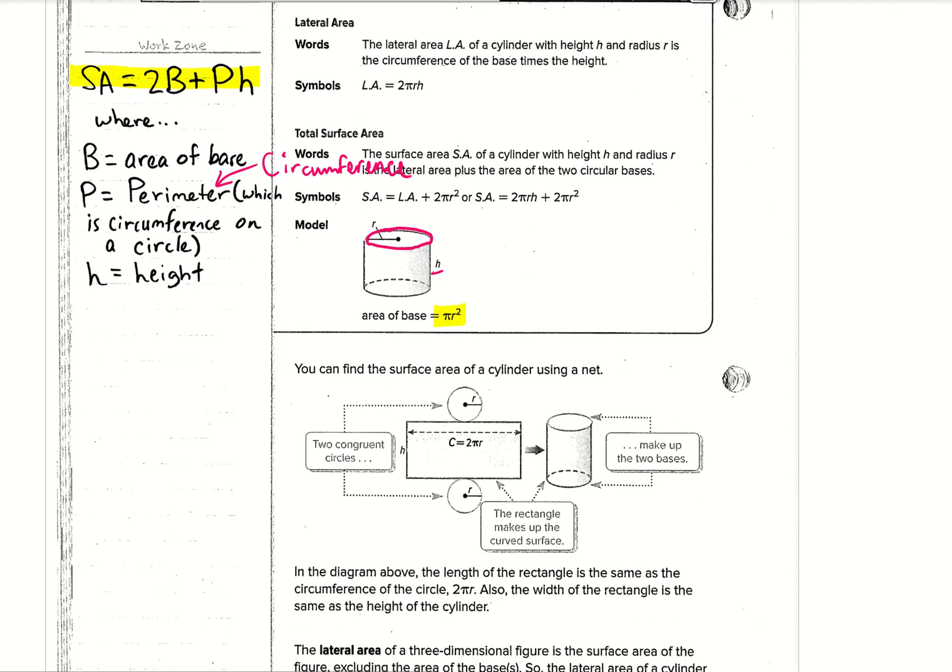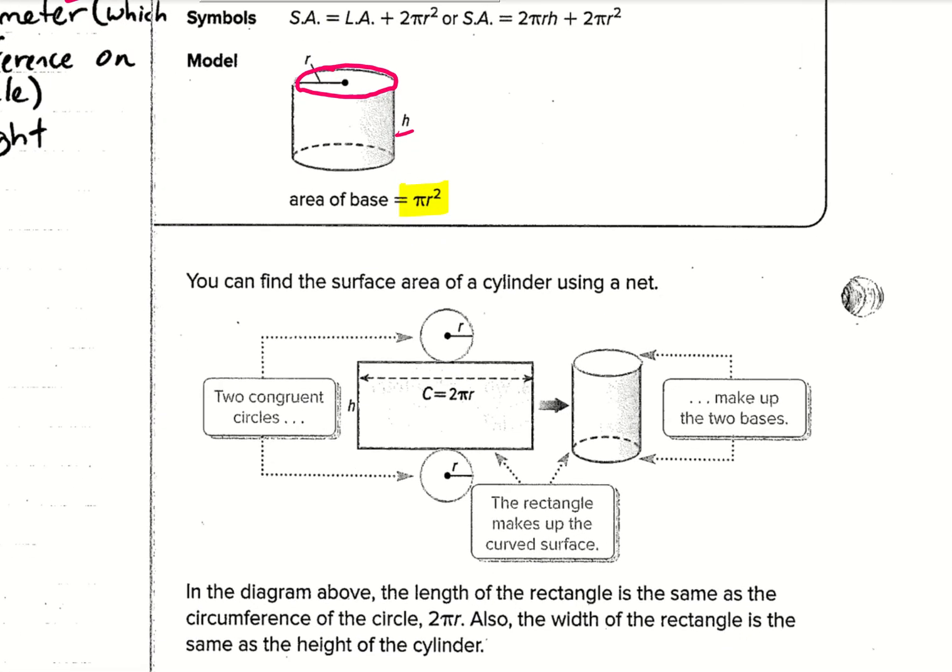And if you're going to do the net, or just use something other than the formula to find the surface area, this is what the net looks like. First of all, we have the 2 circles, which we find the area of using the radius and having pi r squared. And then we also have the height, and this distance is the circumference of the circle.